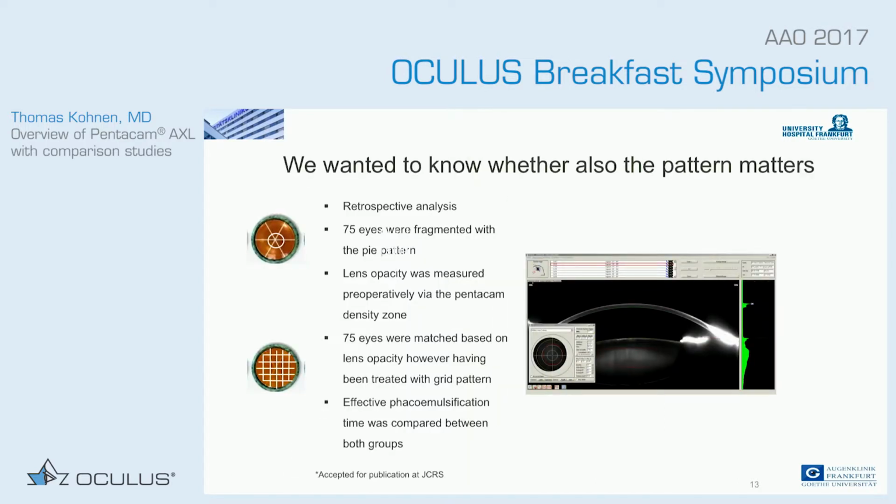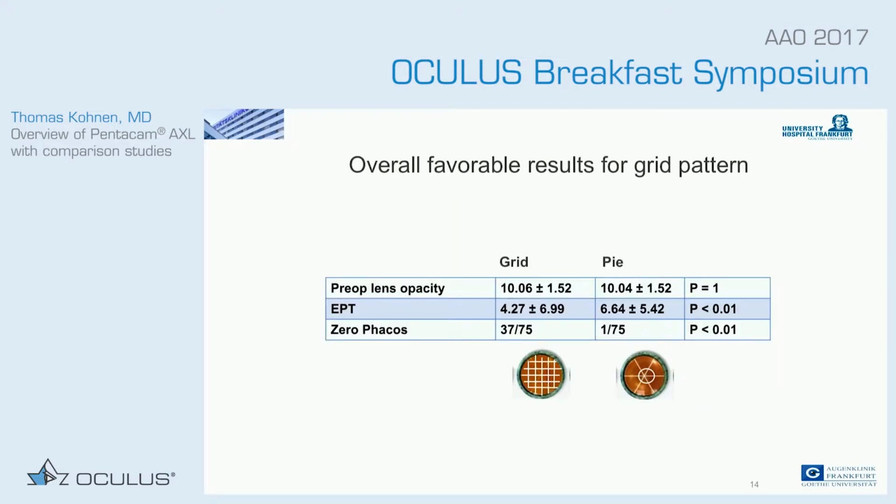In a study we just had accepted for publication, we wanted to know whether the different patterns of the femtosecond laser matter. We did a retrospective analysis of 75 eyes. Lens opacification was measured preoperatively with the Pentacam densitometry zone, and again we looked at the effective phaco time. The outcome was interesting.